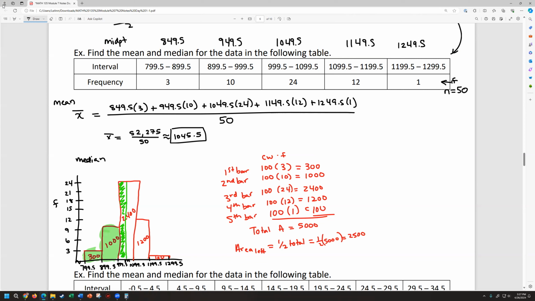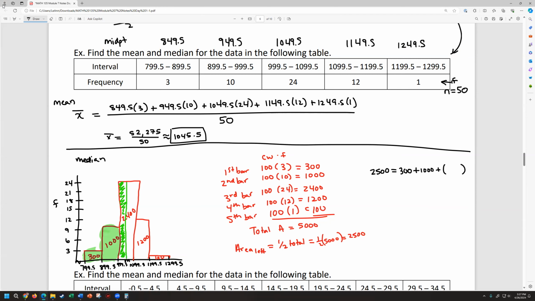999.5 and 1,099.5. Okay. So my formula for the median, we do area to the left, which is 2,500 equals any bars we fully shaded in. So 300 plus 1,000 plus, now this part right here, we need two things. We need a way to talk about how skinny this little shading is.